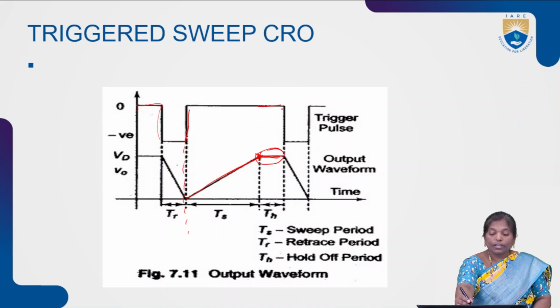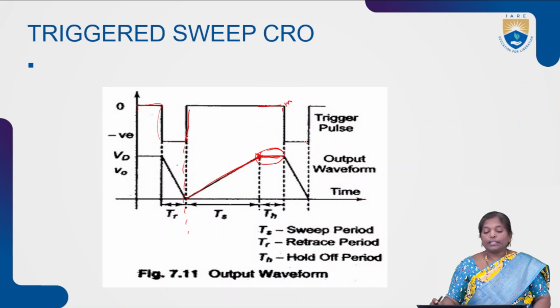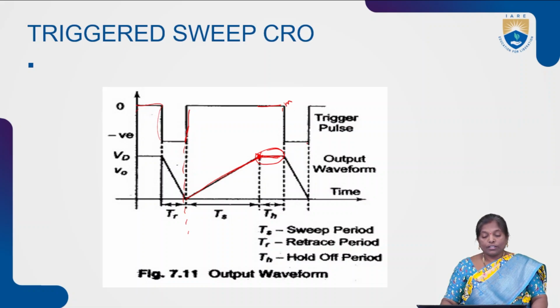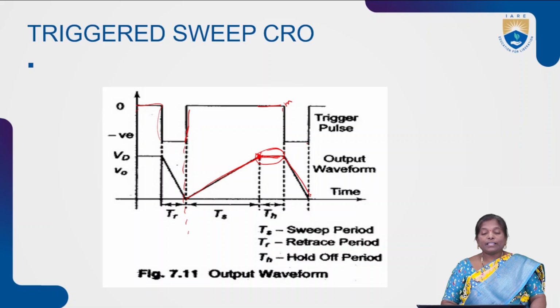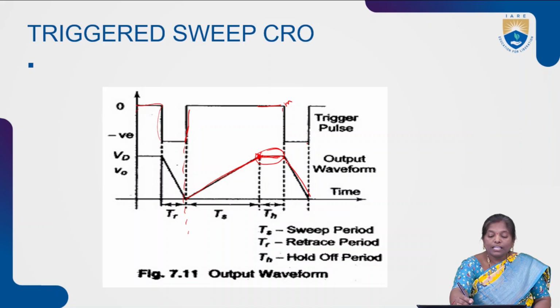Whenever the input signal lowers from the maximum value to the minimum value, the UJT is turned into the on state and the capacitor starts discharging. As we are applying the negative triggering pulse, the UJT turns on, the capacitor discharges and reaches a minimum value.